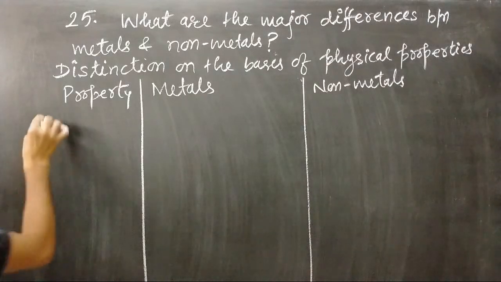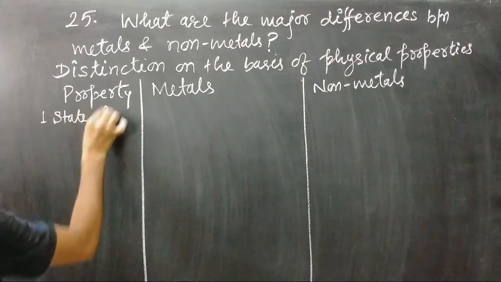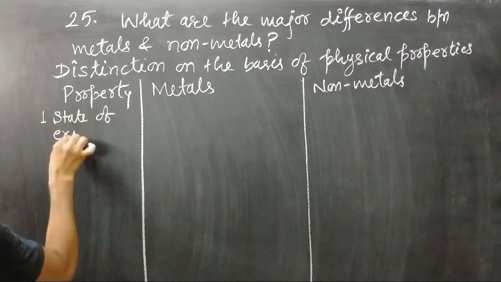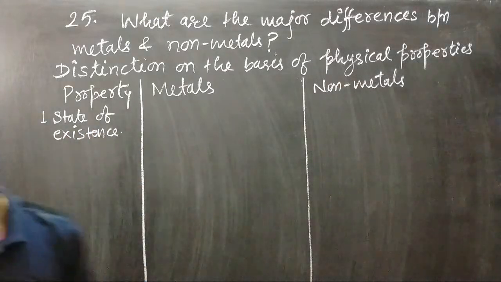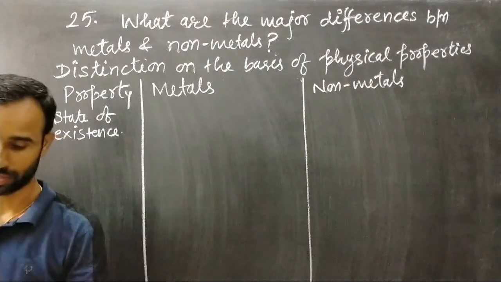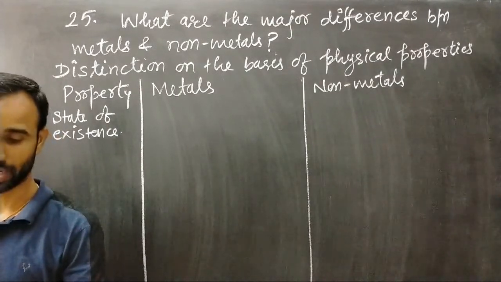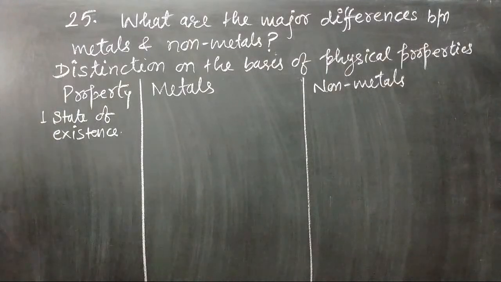State of existence. First property is state of existence. Just write the answer of the first property, state of existence, for metals and non-metals.